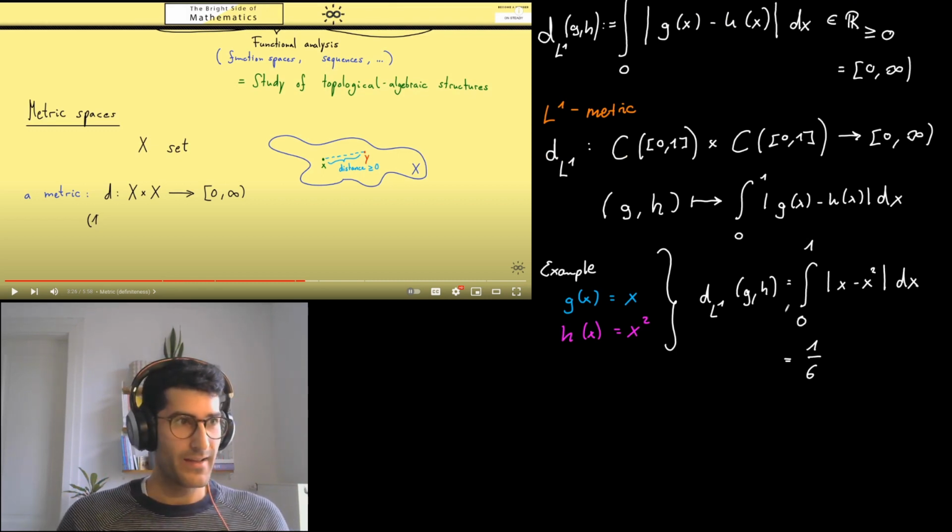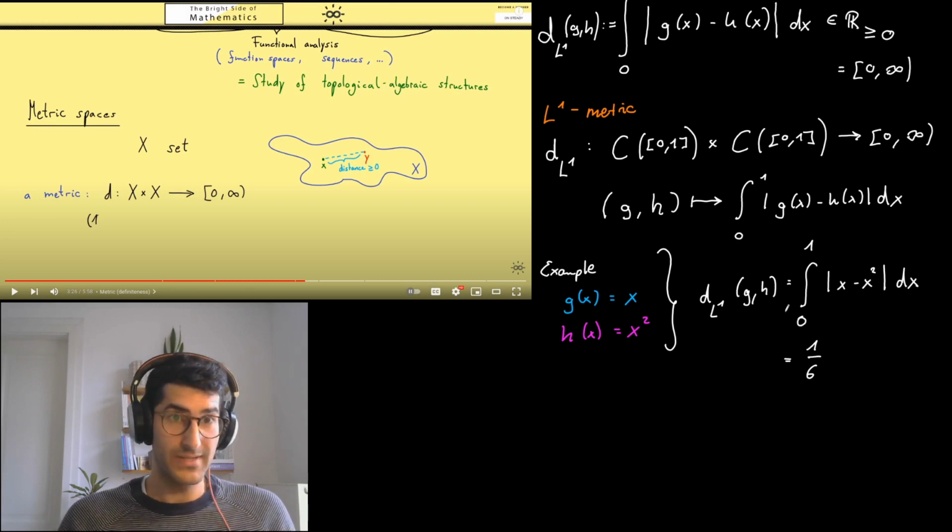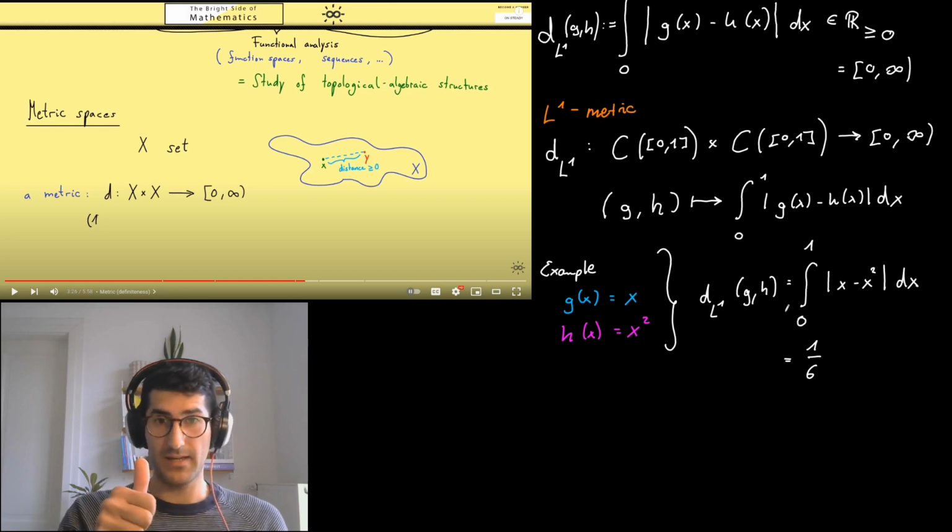There are many different ways to define a metric, to add this additional notion of distance to an existing vector space. I'm not going into details with that. We are just sticking with this single metric for the sake of this example.